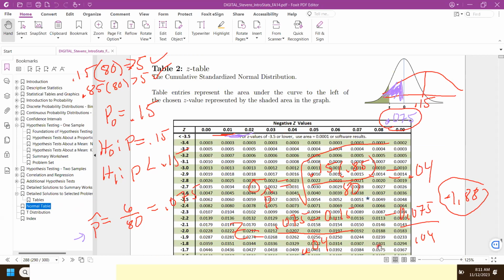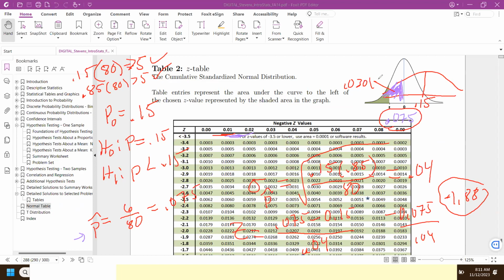Come over there to 0.0301. So that's our p-value. I should write that down so we can go back and make a conclusion. The p-value, that area there, is 0.0301.